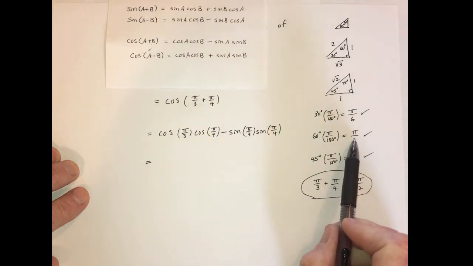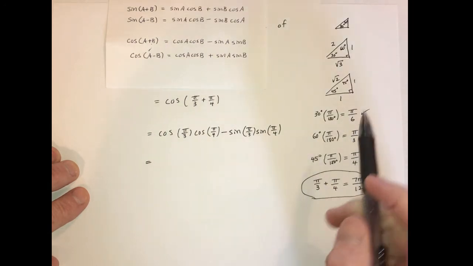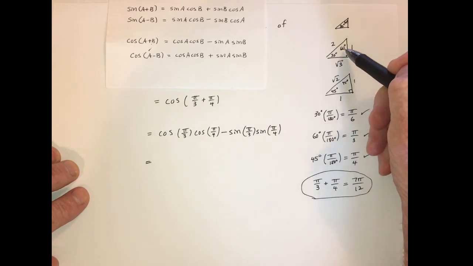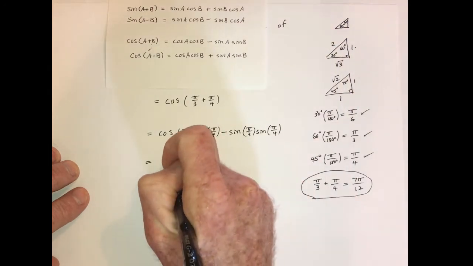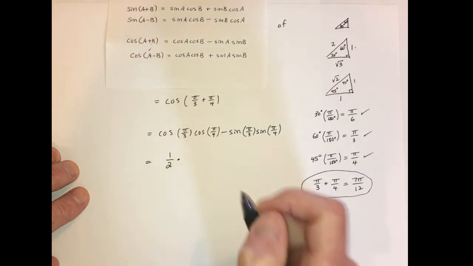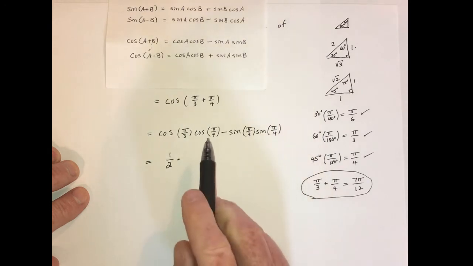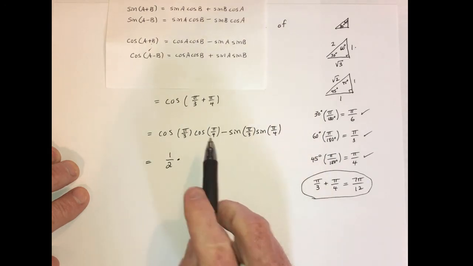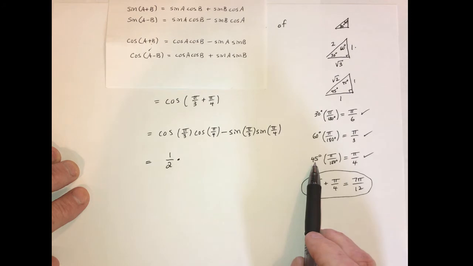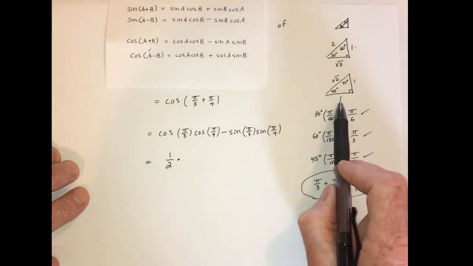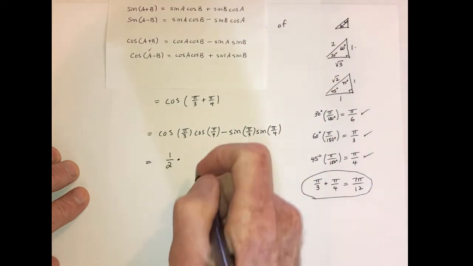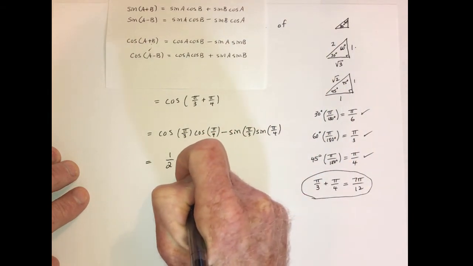So let's see, pi over 3, that came from 60 degrees. So if you're using 60 degrees or pi over 3, cosine would be adjacent over hypotenuse. That would be 1 over 2. Next, on to pi over 4, that came from 45 degrees. So if we're using 45 degrees, cosine would be adjacent over hypotenuse. So that's 1 over a radical 2.